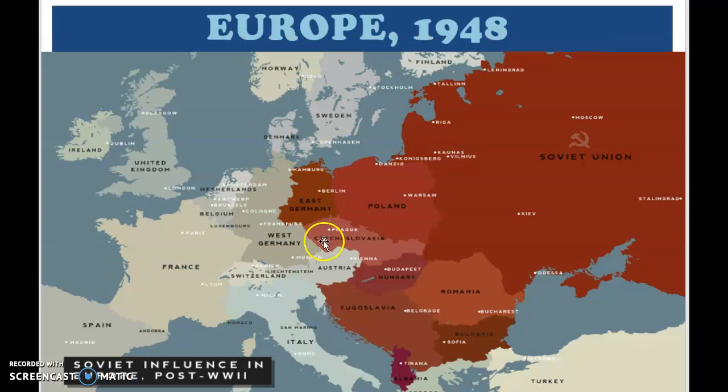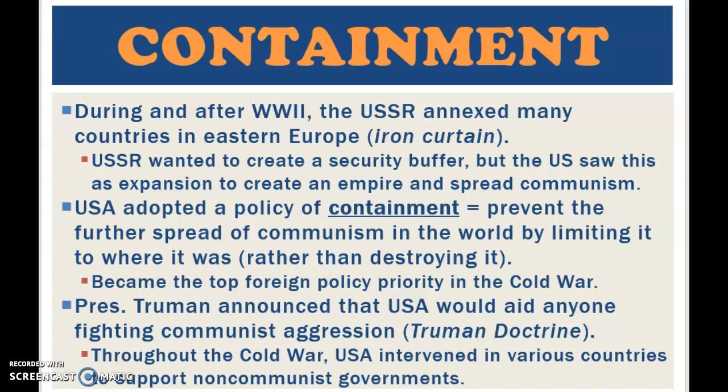They put forth this so-called Iron Curtain, right, that divided East and West. The Soviets, from their perspective, want to create this security buffer, right? They've been invaded twice in the past few decades, so they want to make sure that doesn't happen again. The US sees this as them trying to expand and create an empire and spread communism, right?